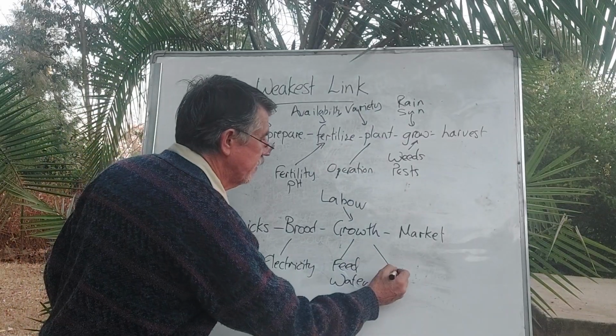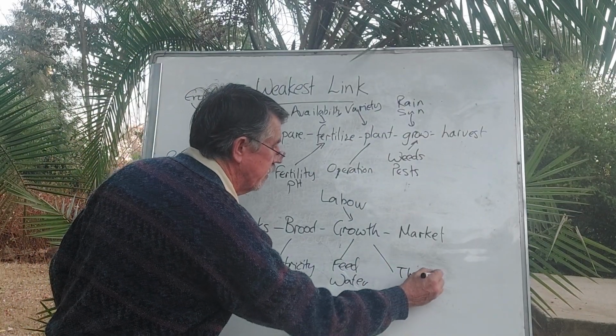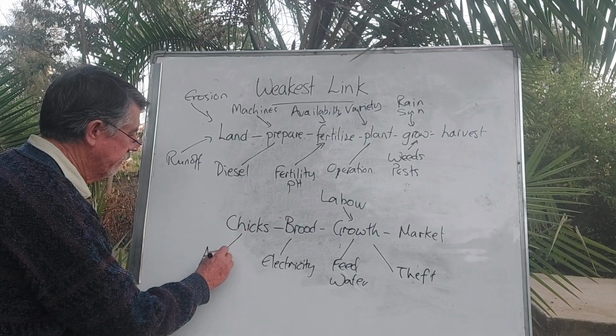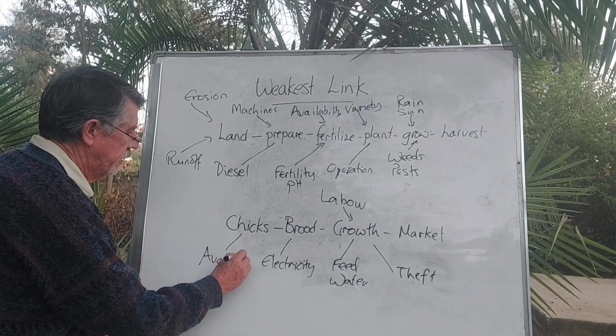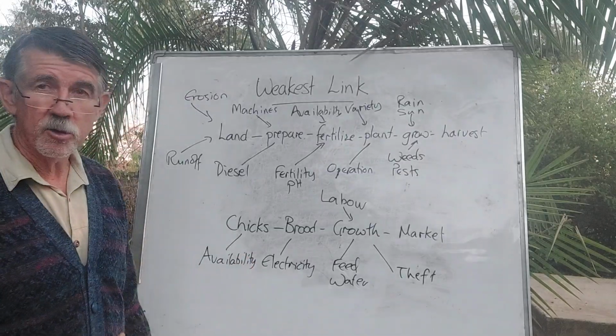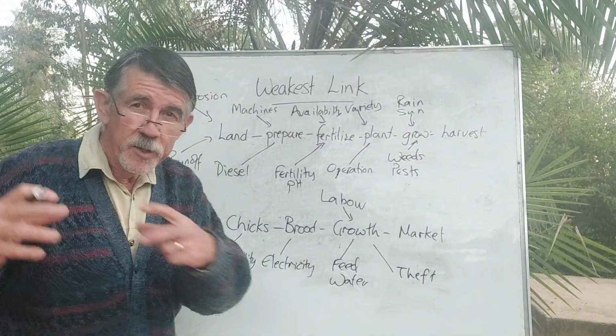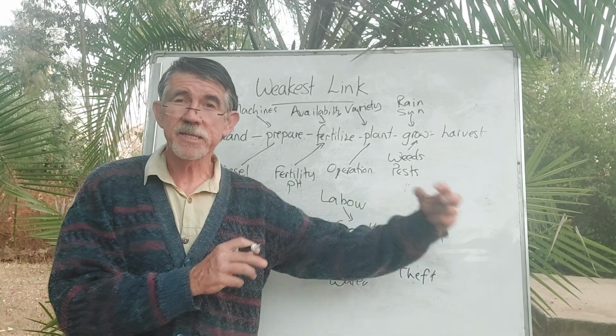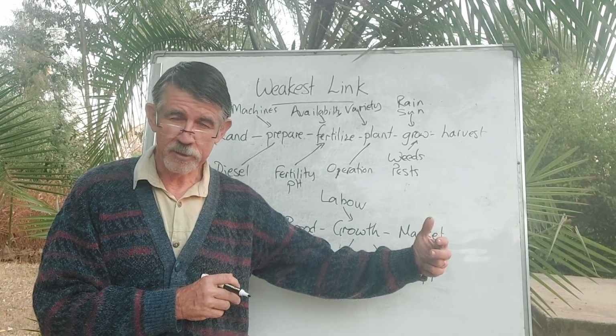It could be theft. It could be chick availability. Okay, so there are all these things that when we link them together, when we put them all together, we eventually get to the market.